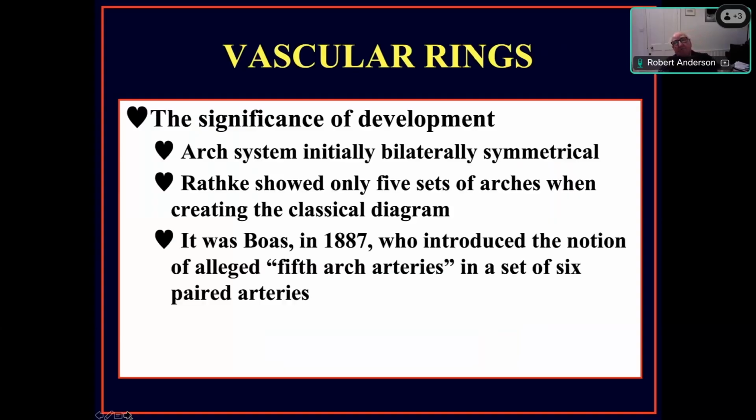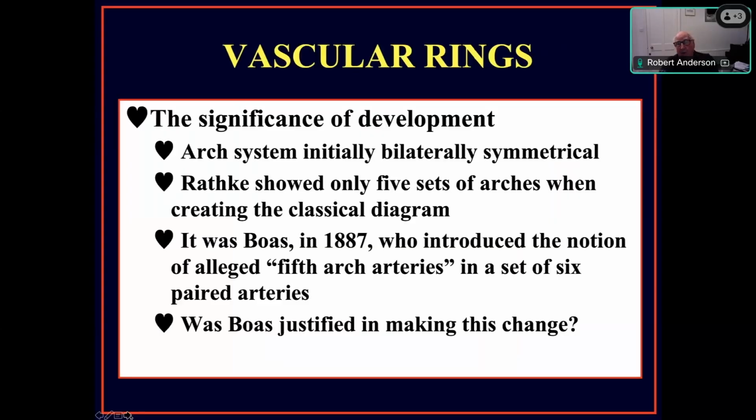And in fact, it was Boas in 1887, making comparisons from other mammalian, avian, and reptilian morphology development, who introduced the notion that there were 6 sets of arches, with the 5th set being enigmatic and disappearing during the course of development. But was Boas justified in making this change?